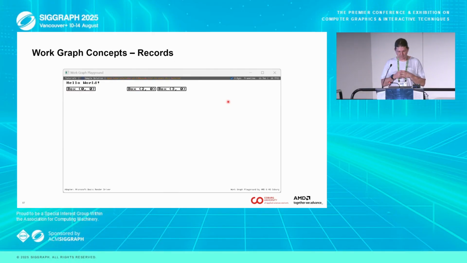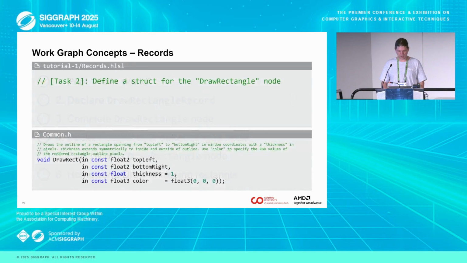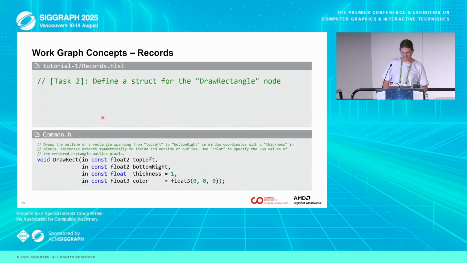So the next problem that we're having is we would like to have these little boxes around these labels that say boxes here, and therefore we have to first declare a little rectangle here. So a rectangle record, which would specify the dimensions of the record here. And if you go through the code, there is a little helper function that we predefined in common.h that will actually take care of the drawing, but it's a function that you have to call, and you have to parameterize first.